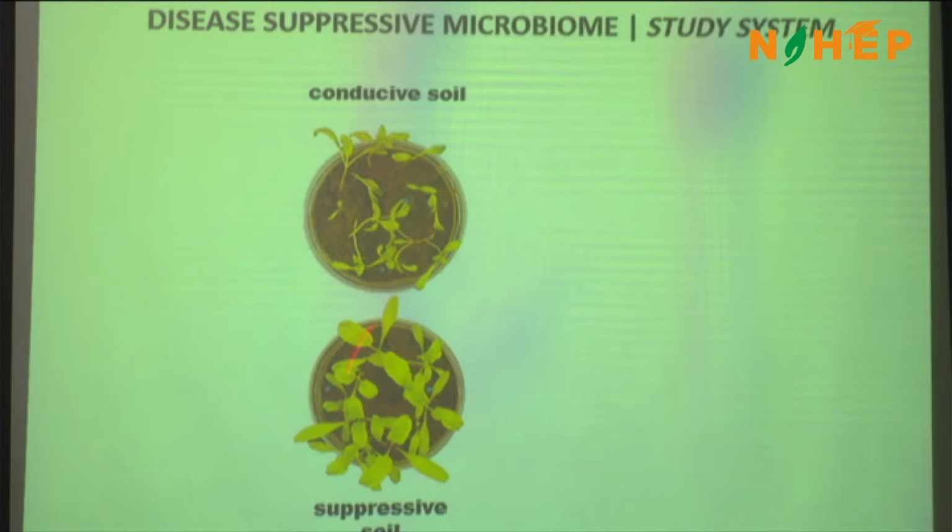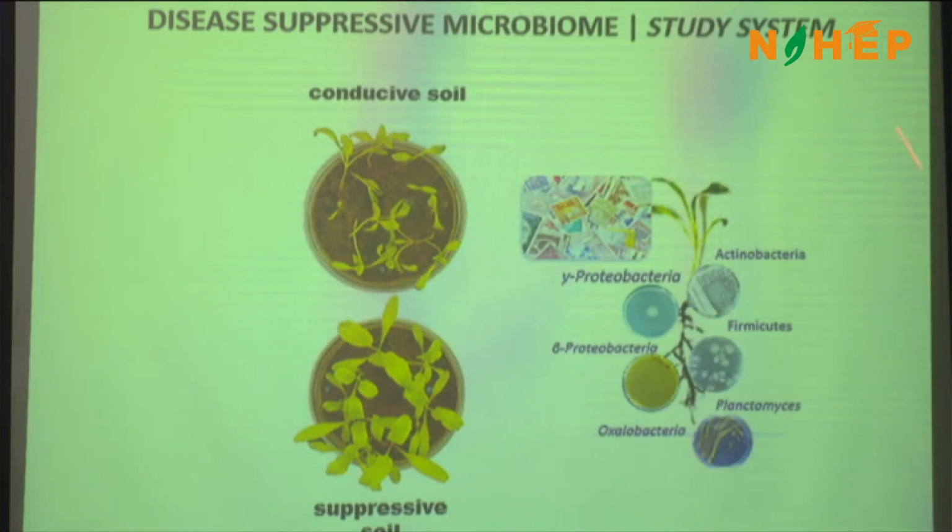Suppressive soils are soils where the plants don't get sick or get less sick. And then we have the opposite, the conducive soil, where the plants get sick. So you see the plants growing healthy and happy in this condition, and here they are dying because there is a fungus that is killing them.